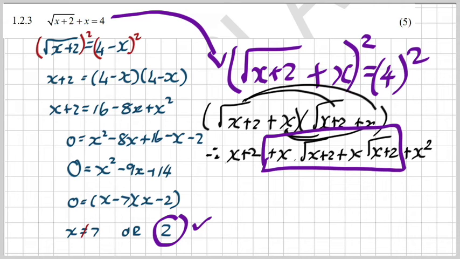So please understand that you cannot just square before you isolate. You will get 0 for the rest of the sum. Whatever you do, you will get 0. So the very important thing in this one is, remember to isolate my surd, and then after I've solved it, I have to test which solutions are equal.